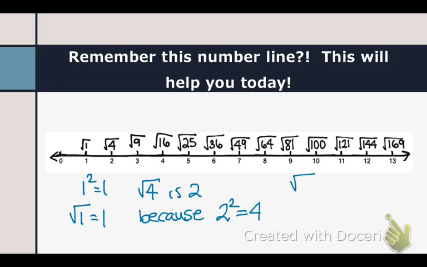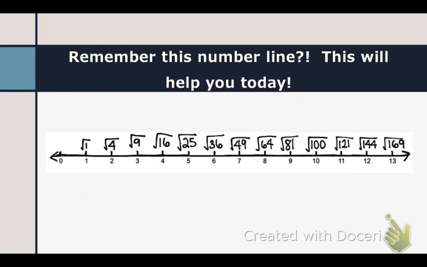Square root of 9 is 3 because 3 squared is 9. Okay? So that's the whole purpose behind it. And we have to know this inverse relationship between squares and square roots to help us with our equations. So if I have the square root of something, that means it's the opposite of having an exponent raised to the second power.